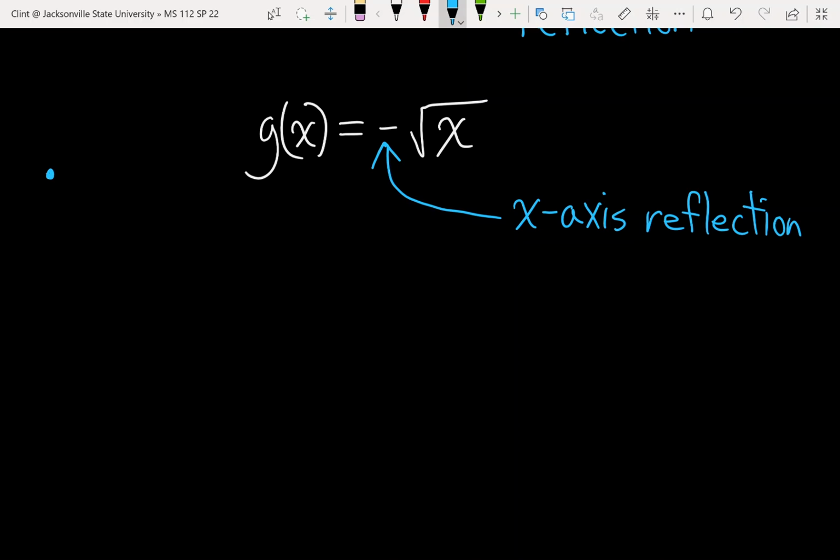So our function starts off looking like this. And if we do an x-axis reflection, it would look like this. And it flips the top and the bottom. Like here's our axes there.